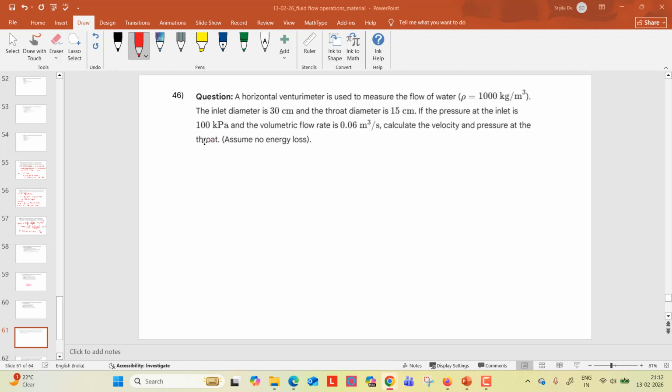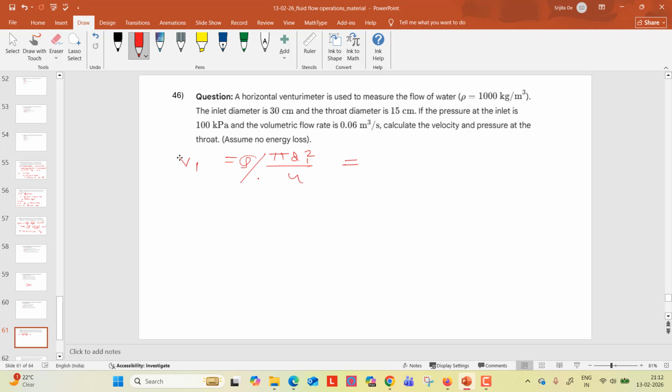From the same, pi d1 square by 4, it is coming Q by pi d1 square by 4, right? So Q is your 0.06 into 4 by pi into 0.3 whole square.